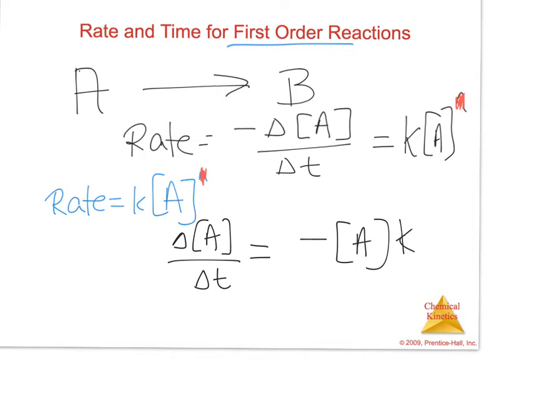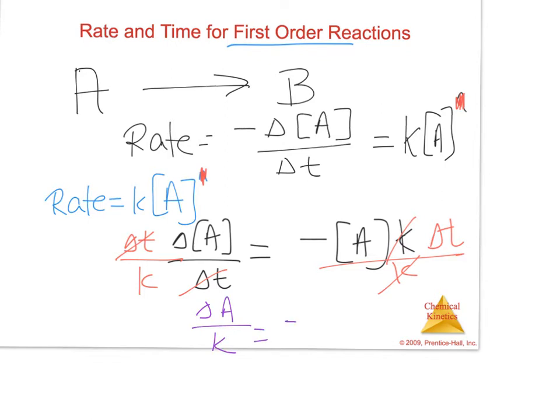Then if we multiply both sides by delta t and we divide both sides by k, we end up with something new, which is delta A over k equals the opposite of the change in A, delta t.